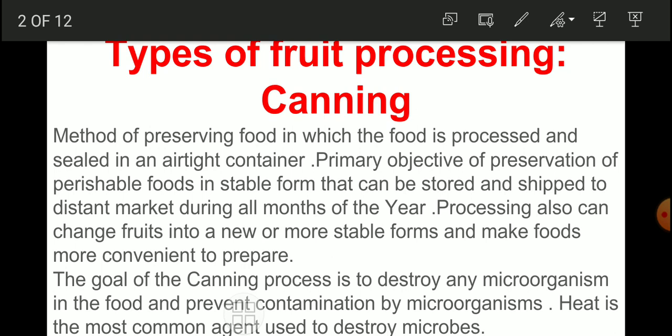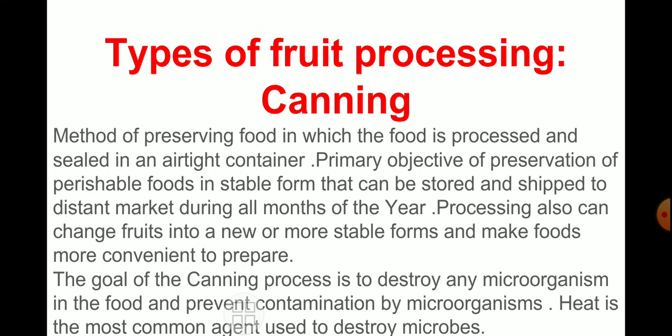Another thing is that in the canning process we destroy the microbes, and we prevent recontamination. When containers are airtight, no microbe can enter, and the food material remains in proper condition. Here we keep in mind that contamination is prevented by heating. Heat is the most common agent used to destroy microbes.